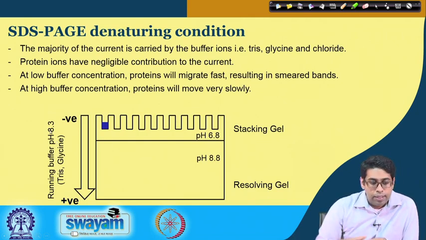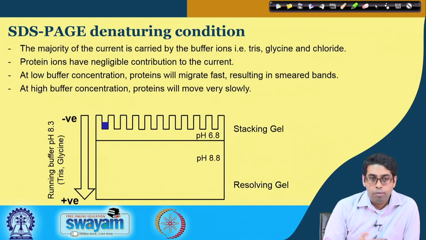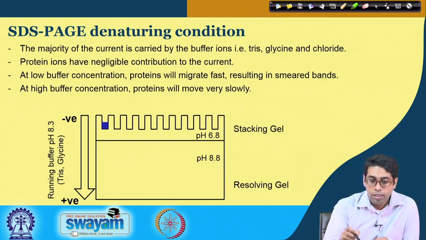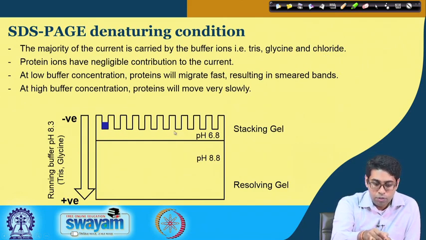So, the majority of the current that passes through a gel is carried by the buffer ions, for example, tris, glycine and chloride. These are the two negative ions which will migrate with the proteins towards the positive terminus.